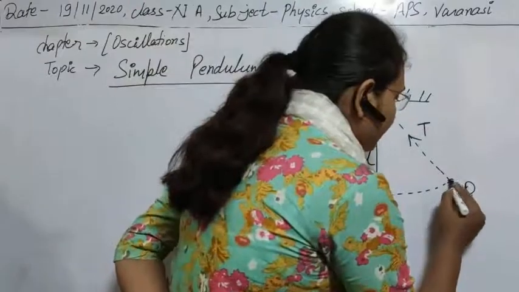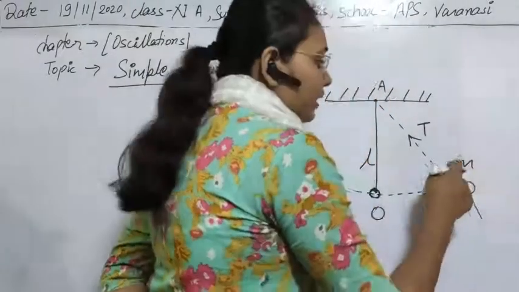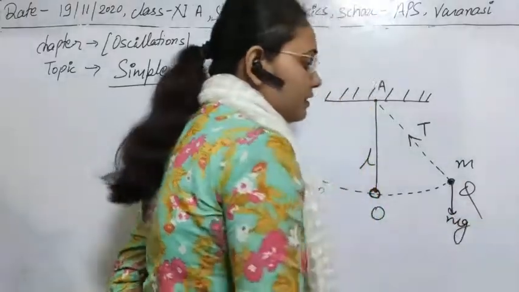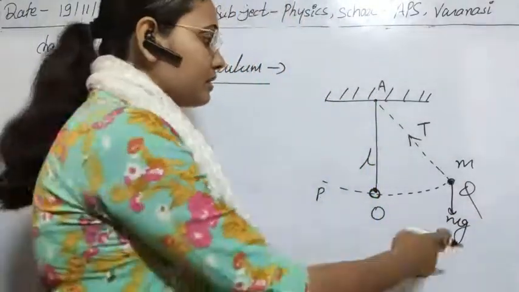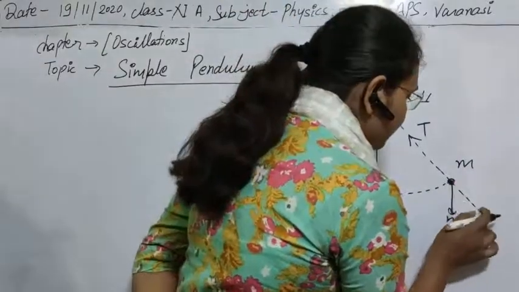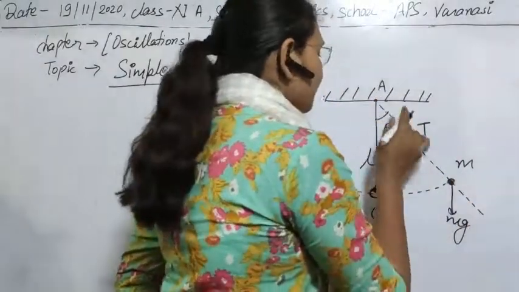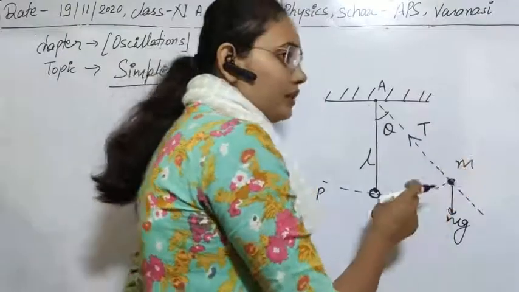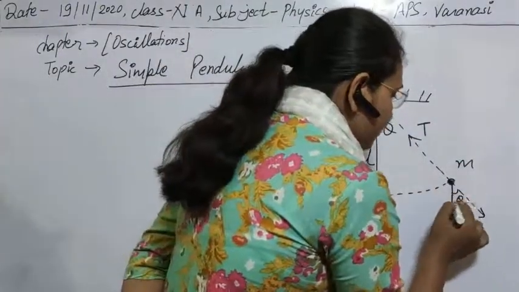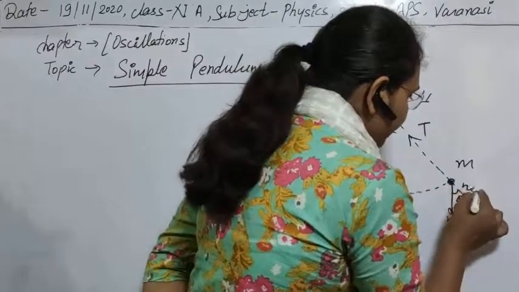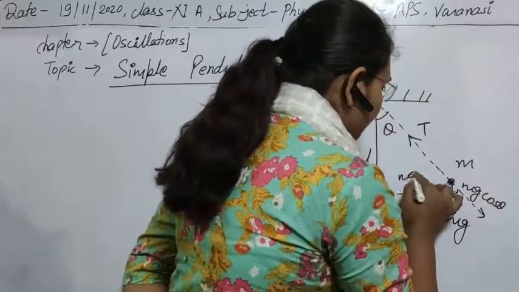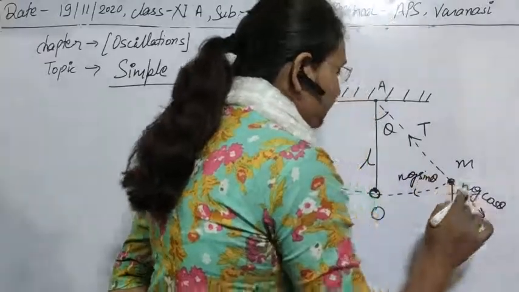Second, suppose this body has mass m, then obviously its weight will act in this direction. This is the weight of the body, and if you resolve it, suppose the angle is theta for the displacement x, then this will also be theta, and we will get mg cos theta, and in this direction mg sin theta.